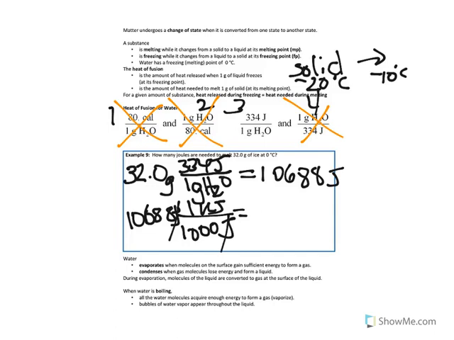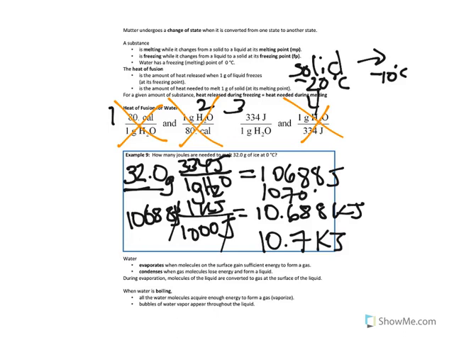If we divide this by 1,000, we would get 10.688 kilojoules. Looking at our significant figures, we have three significant figures, so our answer should have 3. That would be 10.7 kilojoules, or 10,700 joules.